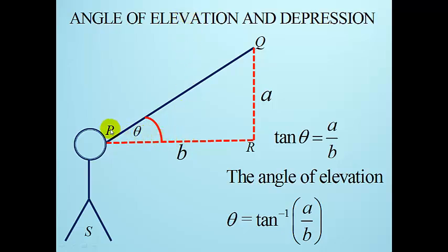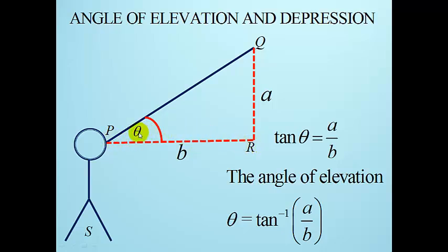Now, PQR is a right angle triangle with a 90 degrees angle at R. Theta is the angle of elevation. Now, when you consider the angle theta, QR has been given to be A, and A is opposite to the angle theta.